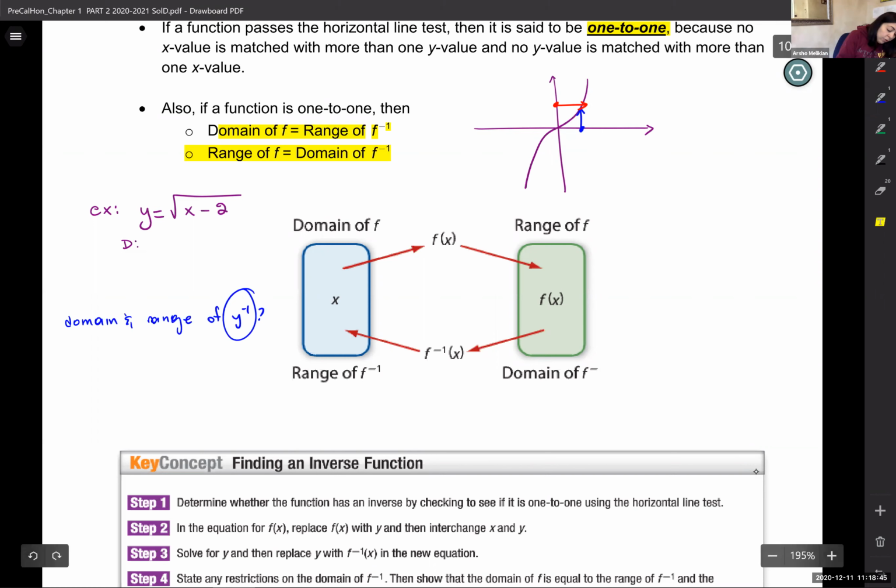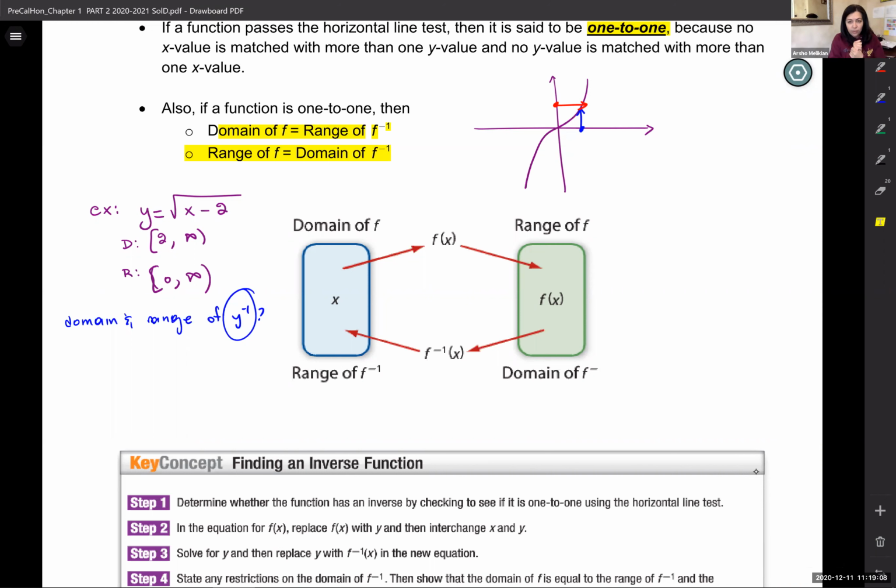What's the domain and range of this? This is root x minus 2. So it starts from 2 and it goes up, right? So the domain is 2 to infinity. And what's the range? 0 to infinity.